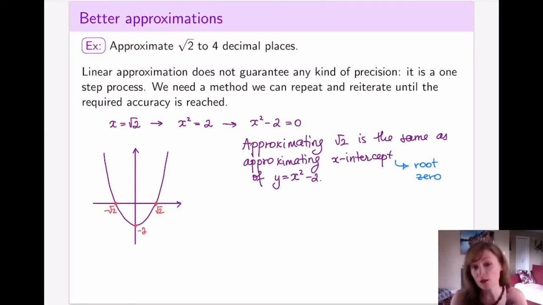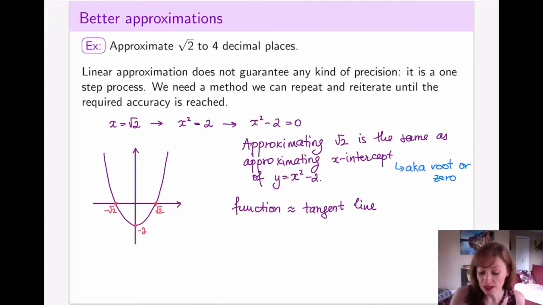Now, if I would like to approximate square root of 2 being the x-intercept of this function, again, the best idea we had last time was the fact that a function or a curve is very well approximated by its tangent line as long as I'm close to the point of interest. And it's the exact same idea that we're going to take through this method as well.